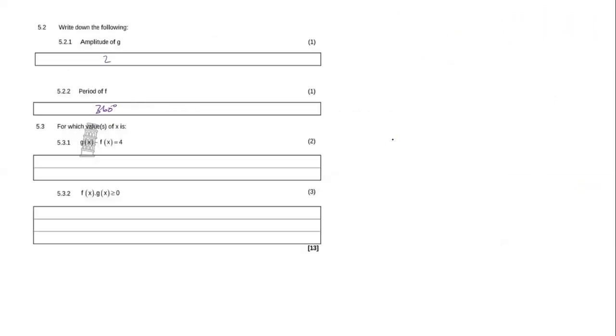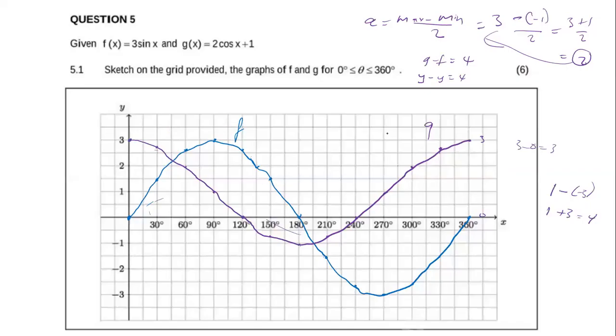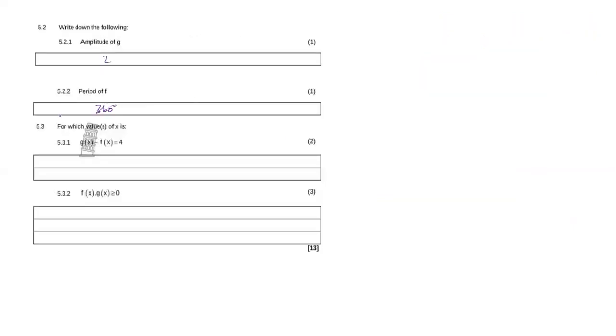So the question, for 2 marks, asks for which value or values of x, when I take g and subtract f, I get 4. It is when x is equal to 270 degrees. This is the first solution.